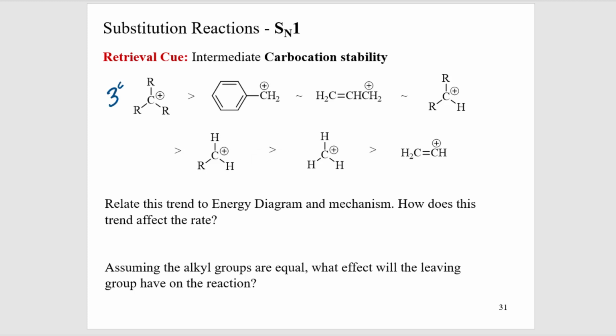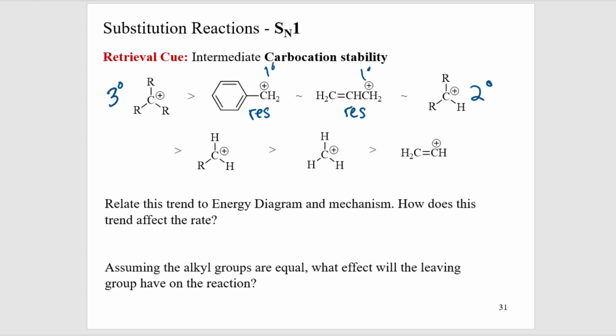Tertiary is better than having resonance. This is a primary carbon with lots of resonance, which is about equivalent to secondary, but notice that tertiary beats even resonance. Wow, that's kind of cool.